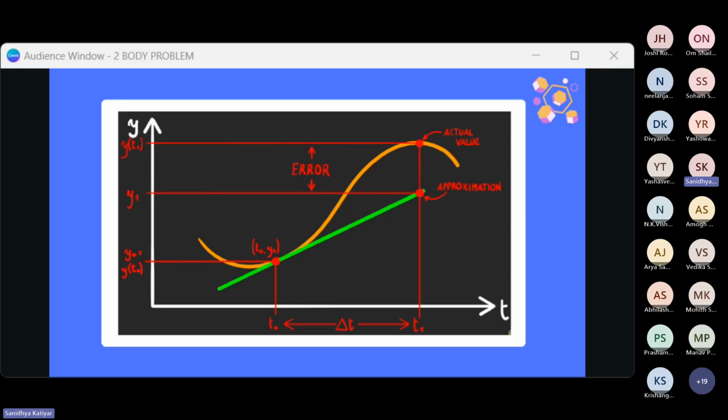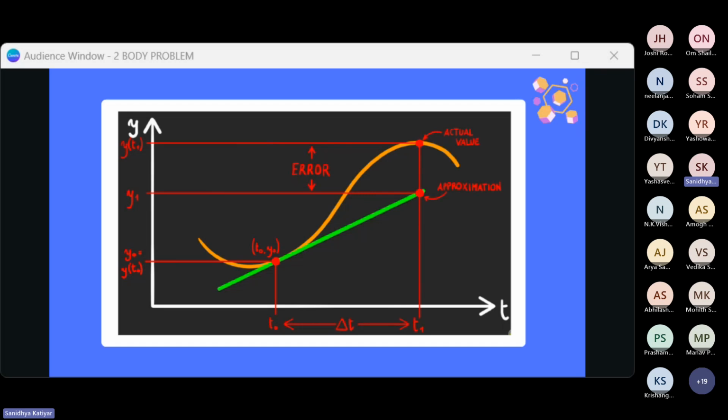And let's say our function is continuously decreasing or continuously increasing. So this error keeps adding up, and what it results in is orbits like this.